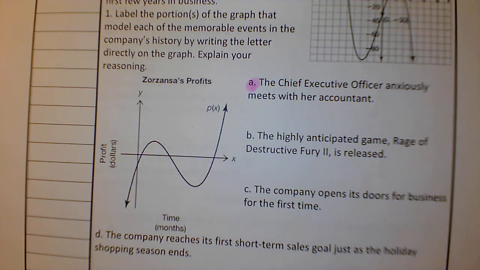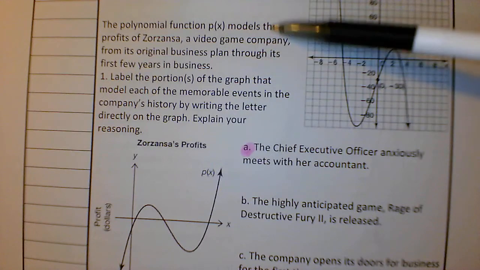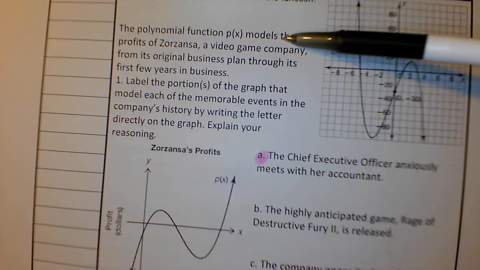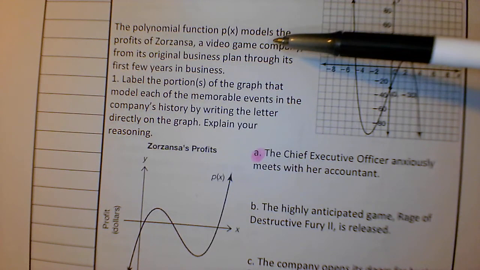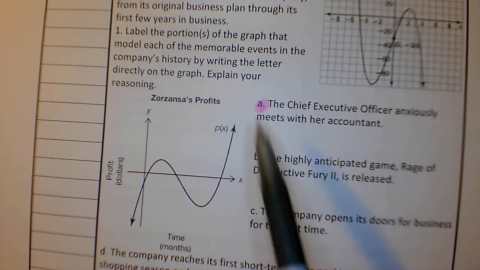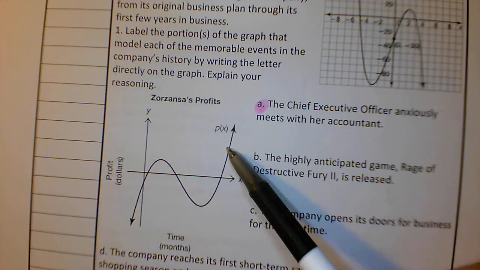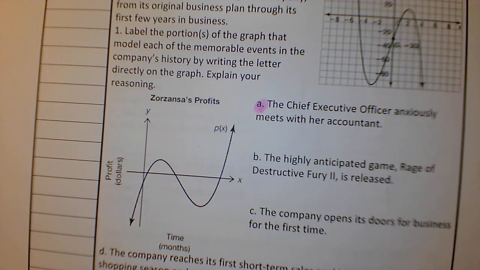What we've got going on is this polynomial function, so I'm reading up here, models the profits for Zorzanza, I don't know, a made-up video game company, for its original business plan through its first few years of business. So if you look at the graph, obviously it's about the profits, the time that they've been in business, and then the amount of money that they've made. Notice this is another one of our no numbers graph.